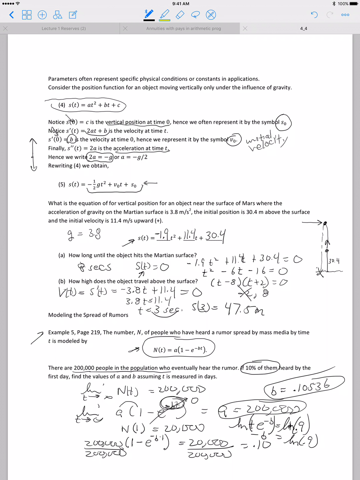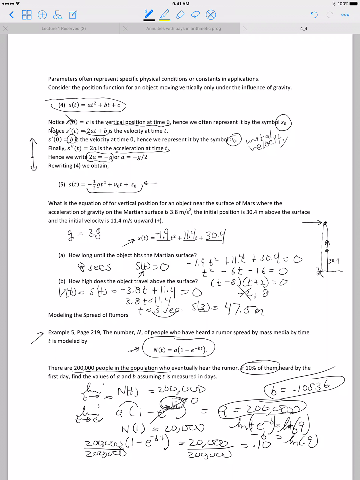So when I assign those parameters to a and b, I now have one member of the family of functions determined by those two parameters a and b. And that function that I just chose will answer questions about the spread of this particular rumor. So you can ask questions like, how long did it take for 100,000 people to hear the rumor?